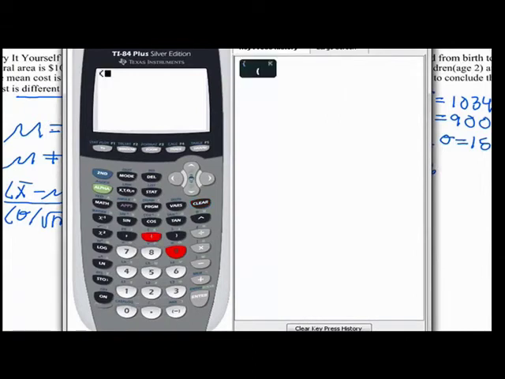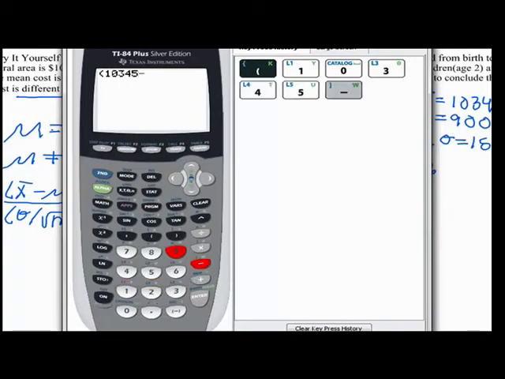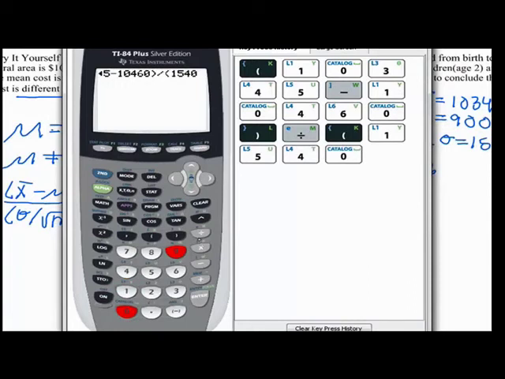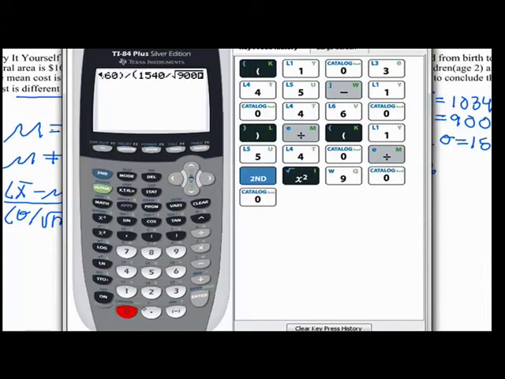So we're going to have our open parentheses, 10,345 minus 10,460, close parentheses, divided by, I'm going to put another parentheses there, the standard deviation, which is 1,540, divided by the square root of 900. Close that parentheses.